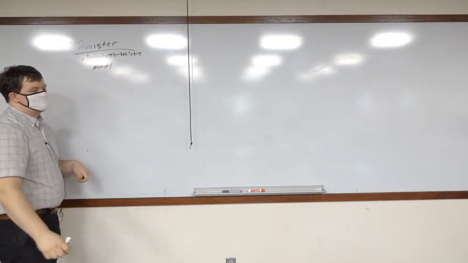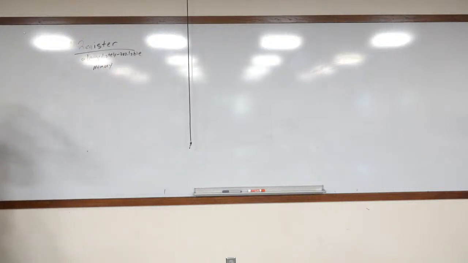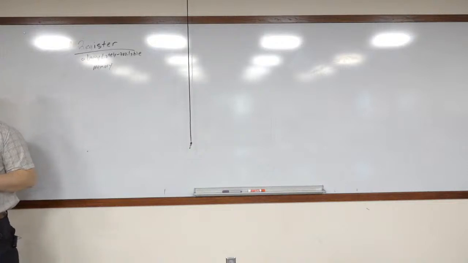Okay, and as your reading mentioned, there are 3 different types of registers. One of them is the one that's currently being accessed by the processor. One of the issues that happens in any electronic system is that electrons travel at the speed of light.